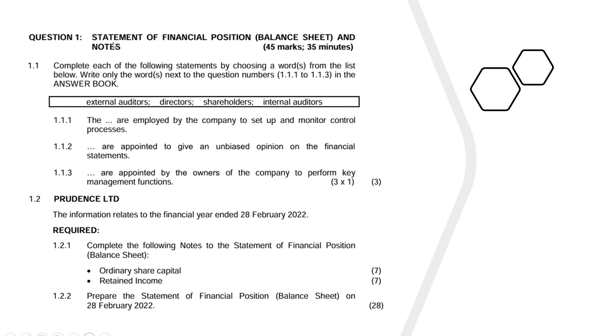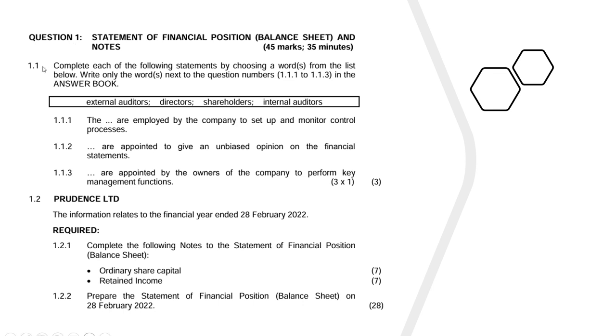In question 1, as I've already said, statement of financial position and the note. So you will need to know what the statement of financial position looks like, as well as the note to the statement of financial position. What you should be looking for is that you'll be given statements that you need to complete with the word from a list.